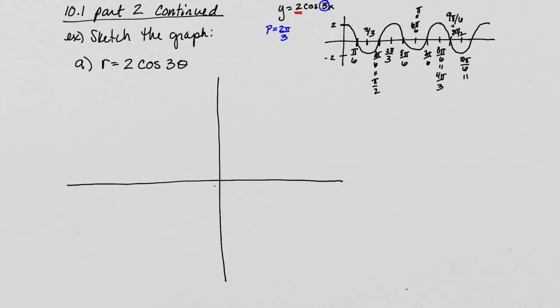But again, I can reduce that. 10 pi over 6 is 5 pi over 3. This is 11 pi over 6. And then finally, here we are at 12 pi over 6, which is 2 pi. So I've gone all the way out to 2 pi. And that way I can figure out what is happening in my XY plane. So that's the first step.